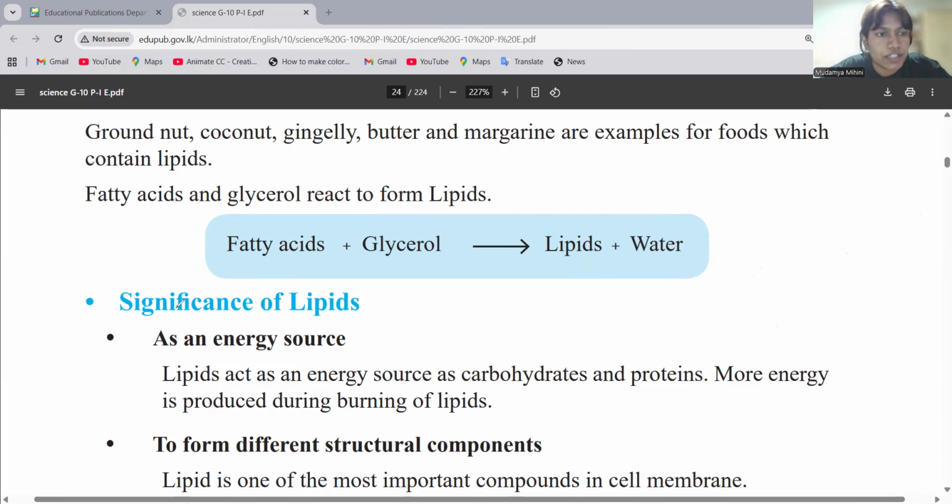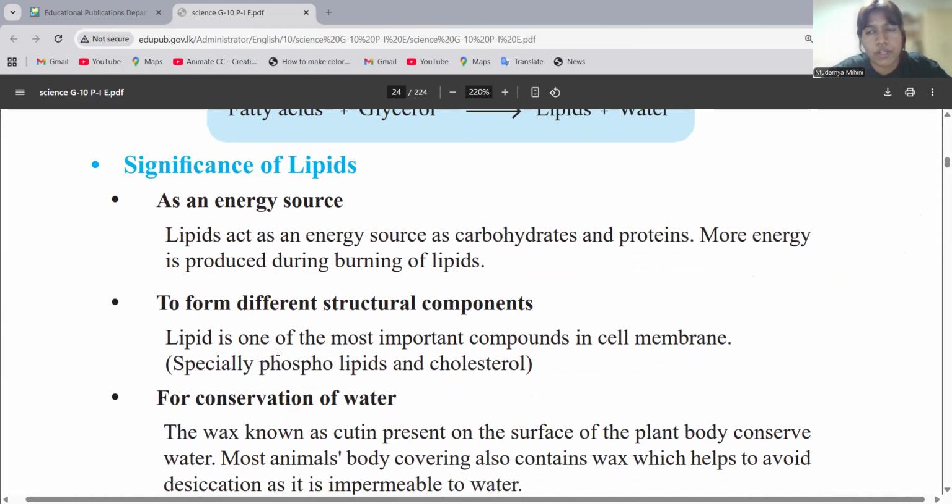So next we can see the significance of lipids. As we mentioned before, you remember in the protein parts as well, lipids are an energy source which is used after carbohydrates. You can see that there's a lot of energy produced when you burn lipids.